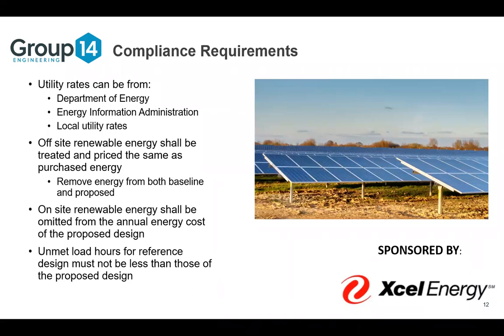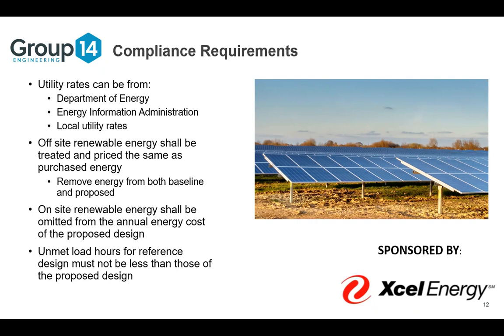On-site renewable energy shall be omitted from the annual energy cost of the proposed design. And then unmet load hours for the reference design, which is your baseline design, must not be less than those of the proposed design. And the reason for that is that they really want to make sure that you are not oversizing your systems within your baseline to increase your baseline's energy use so much that you're getting increased energy savings within your proposed.